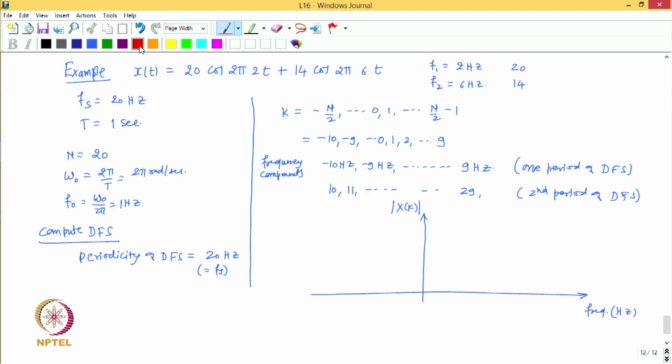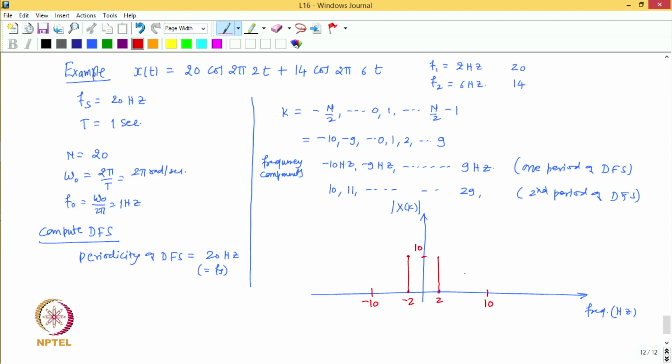So we are going to have the spectrum from minus 10 to 9 hertz, and then the next sample will be at 10 hertz. The one component that would appear here would be at 2 hertz, and similarly at minus 2 hertz, and the amplitude of this component would be 10.